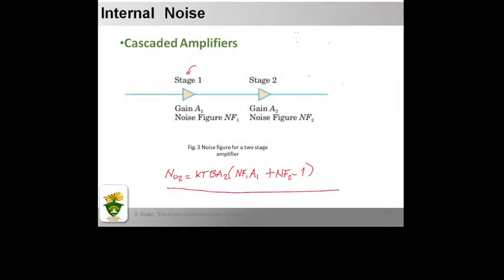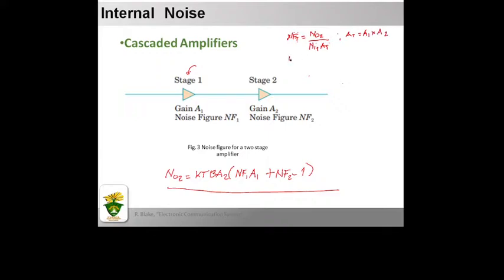So now we are going to find the noise figure for the whole system. So we have NFT equal to noise at the output of second stage over the noise at the input stage and the total gain. Note that the total gain is the product of the gains of the system. So we have the gain of the first stage times the gain of the second stage.